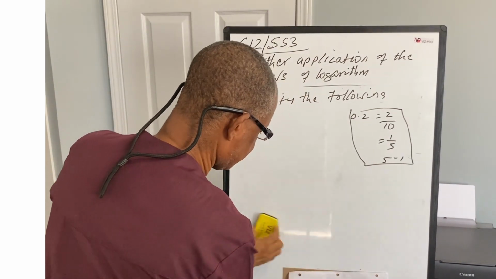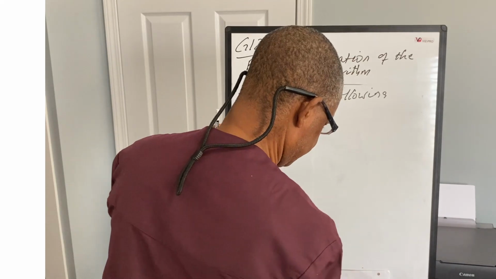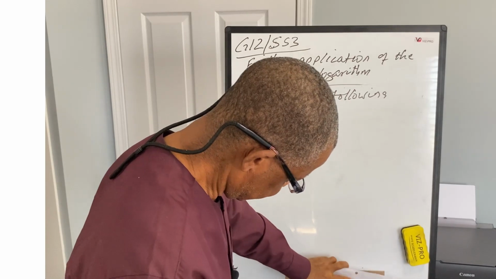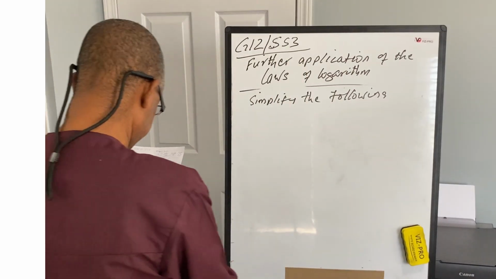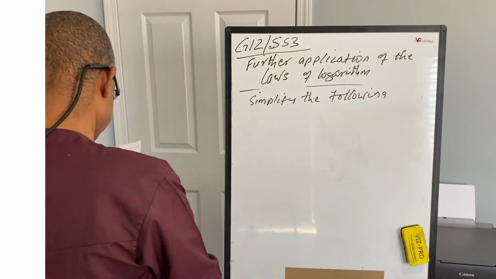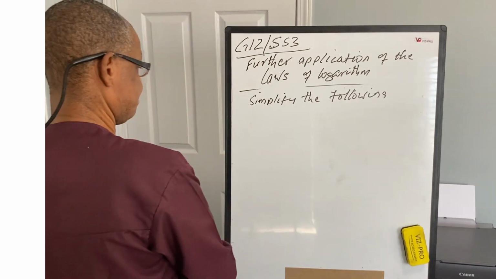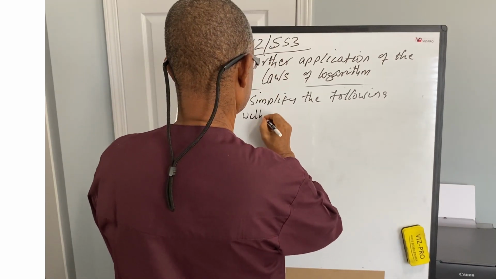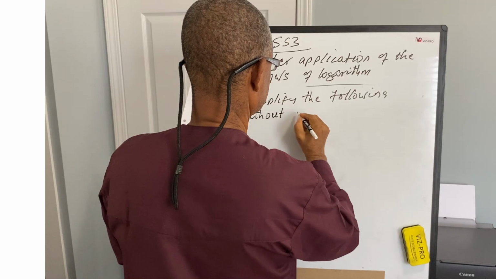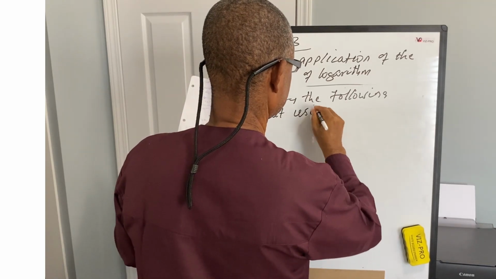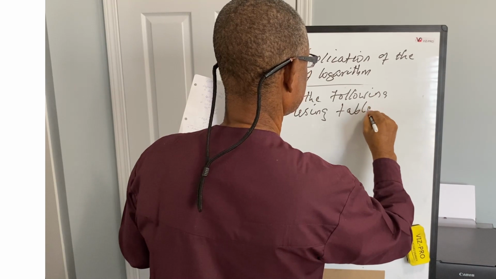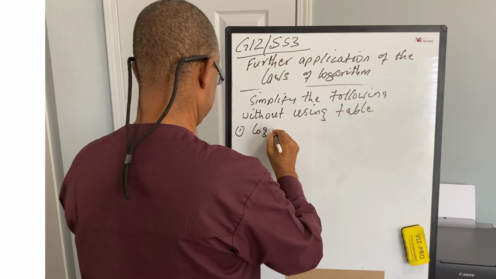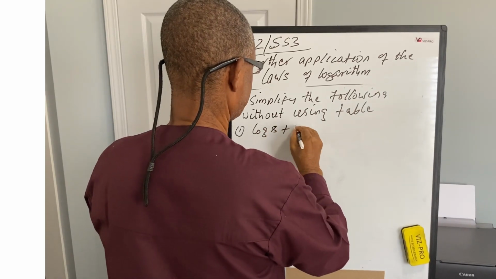Also, let us treat this other one before we go to change of base. Here we are expected to still simplify without using table. We have number 1, log 8 plus log 4.